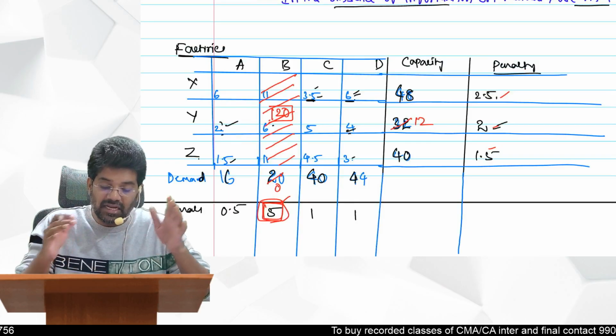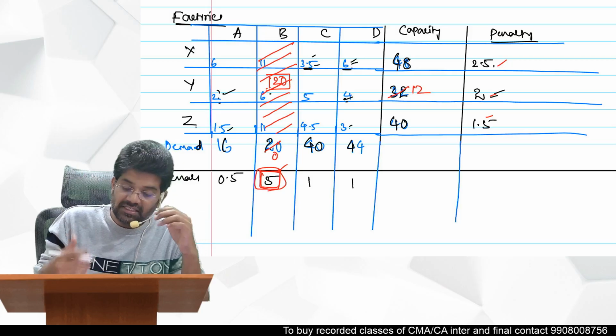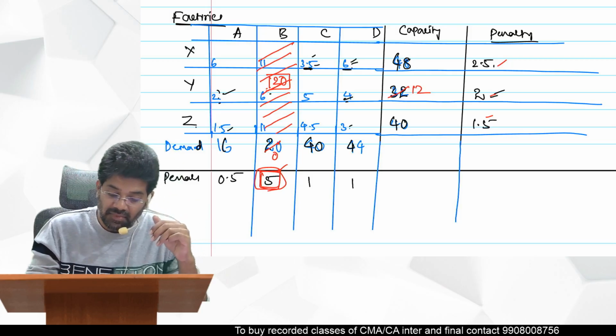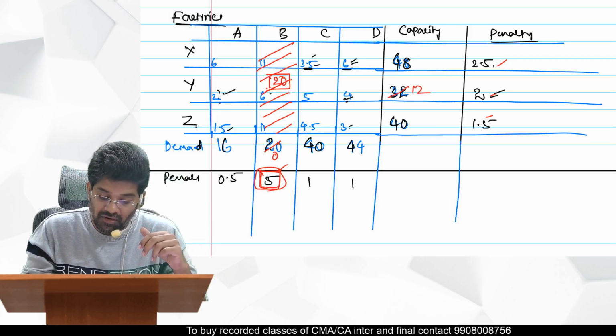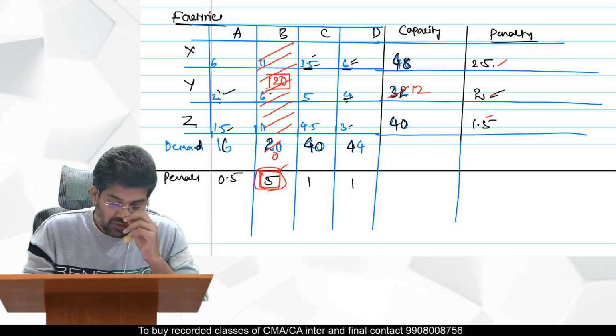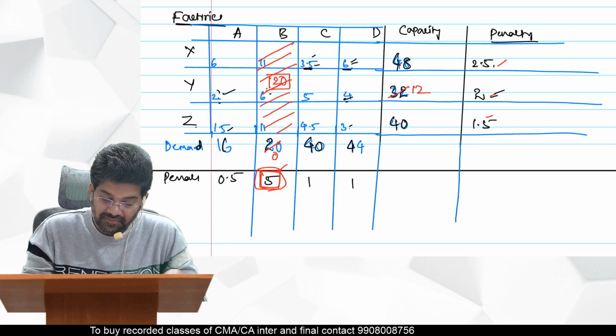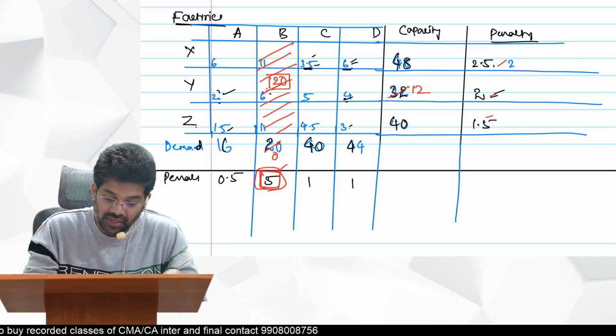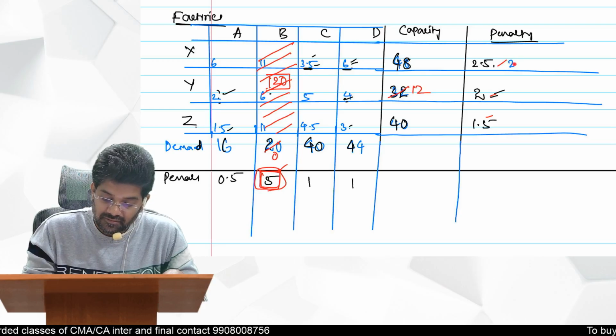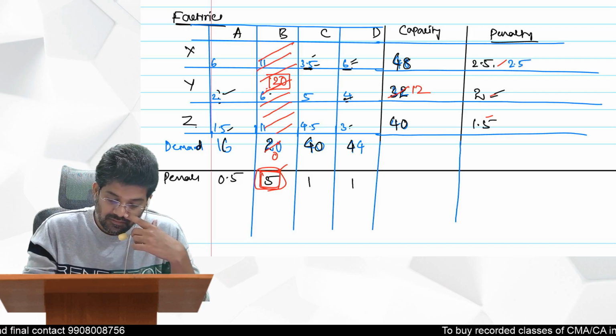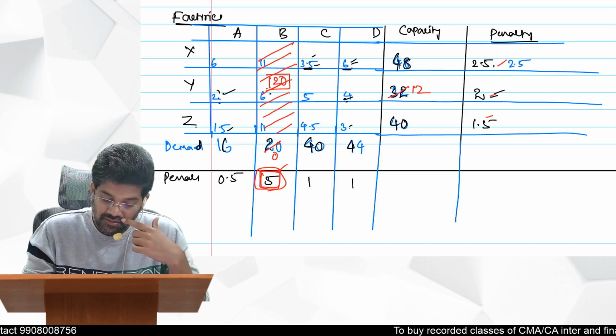So the first-time penalty is over. Now again calculate the penalties out of the remaining figures. So 3.5 minus 6, don't take negative values here, okay. That is 2.5. Next, 2, 4, 2.